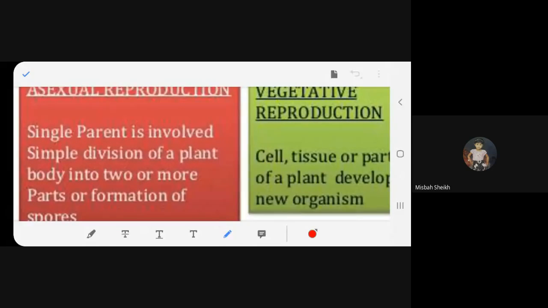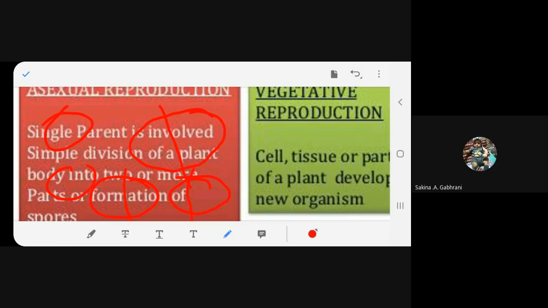Remember that. For example, this is a body. It divides into two. How many young ones do we get? These two young ones will again divide and we will get four young ones. So it keeps on multiplying by dividing. This is called asexual reproduction, where sex is not involved.